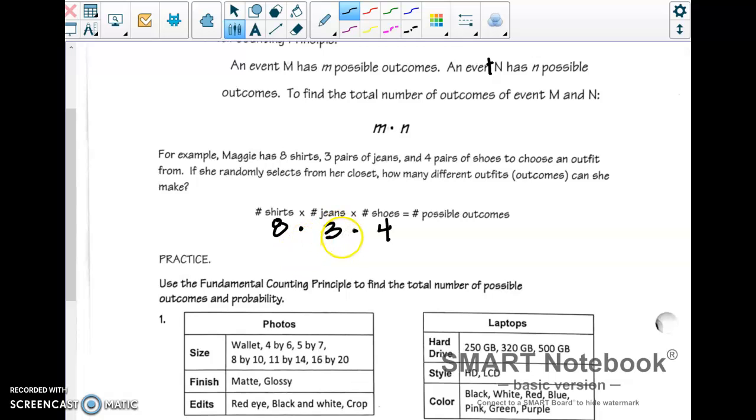So 8 times 3 is 24. 24 times 4 is 96. So that gives us 96 different outfits that she could make. So if you have 8, 3, and 4, when you multiply those together, you get 96 different outcomes.